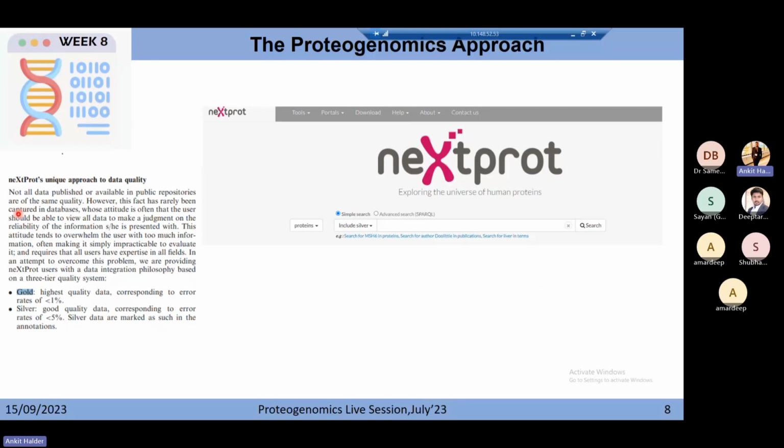You need to understand that not all the data that are published or available in the public repositories are of the same quality. This fact has really been captured in your databases, so that the user should be able to view all the data to make a judgment on the reliability of the information presented.